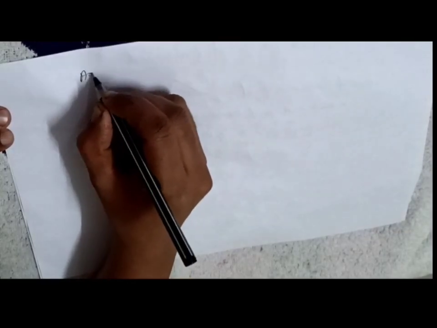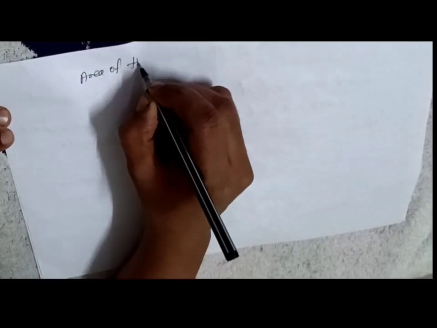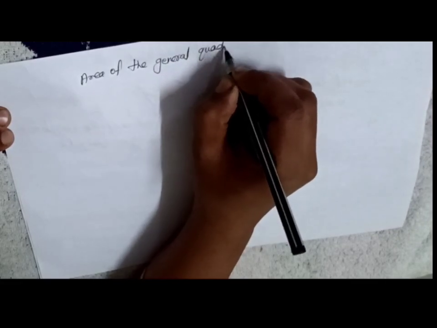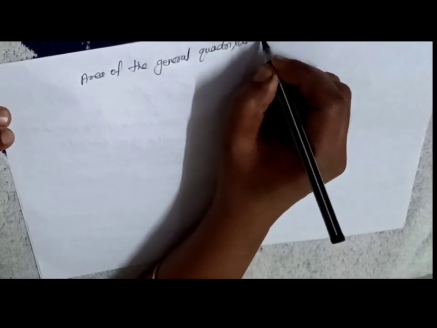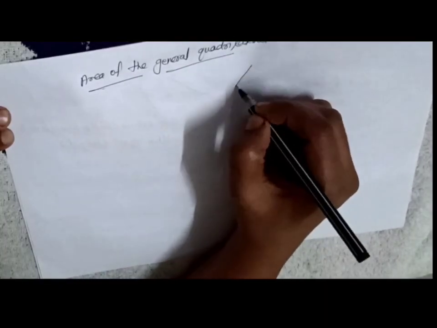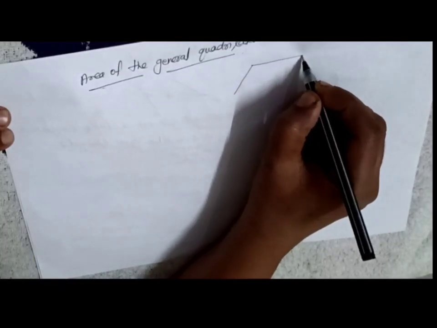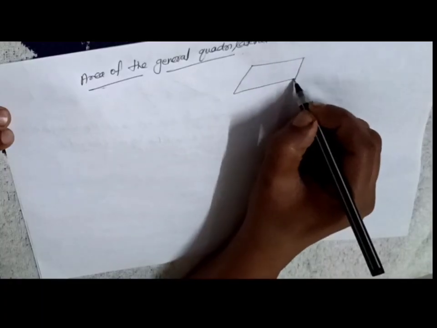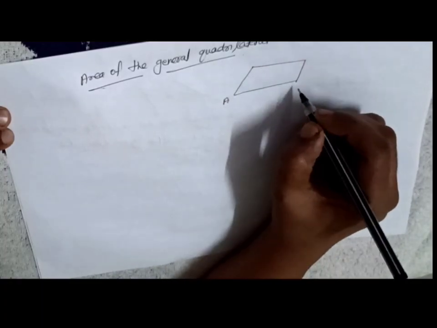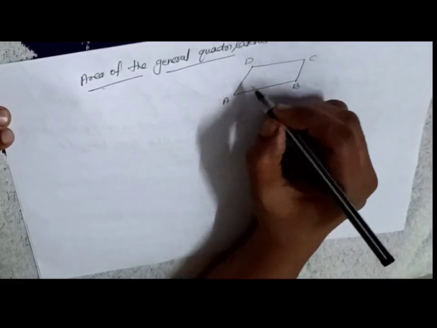Area of a general quadrilateral. Here we are considering a quadrilateral ABCD.